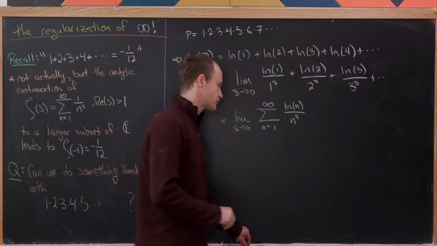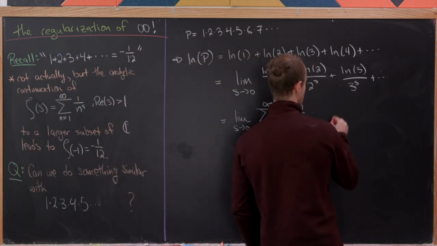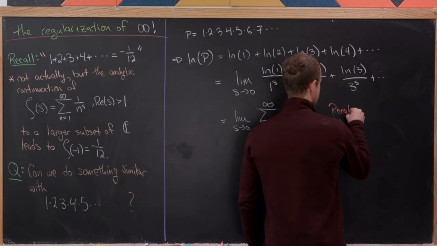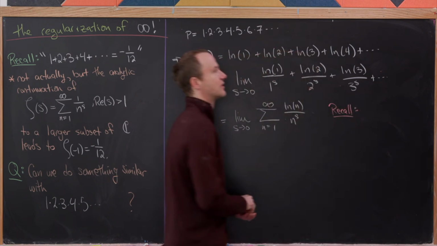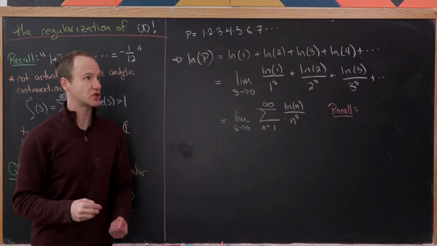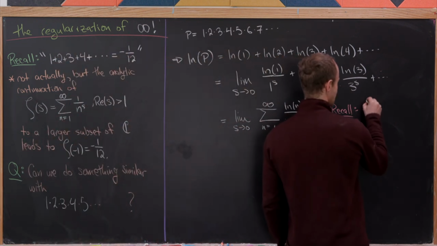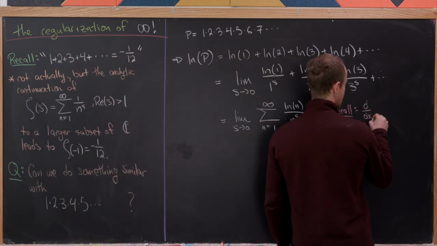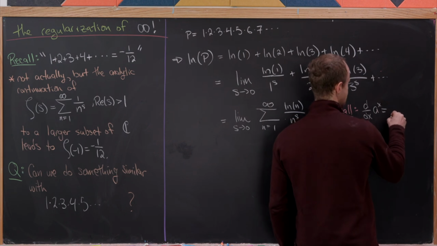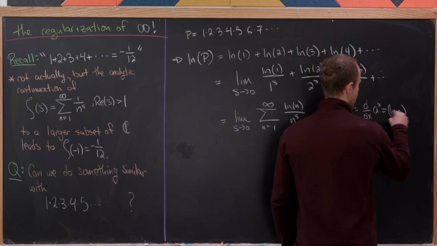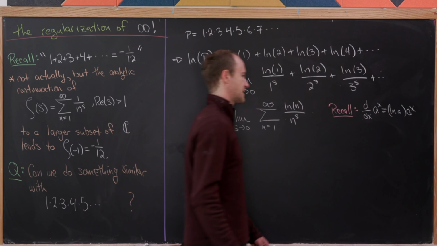But then let's recall something really quick, and that is the following rule for taking the derivative of an exponential function with a base which is not the natural base: the derivative with respect to x of a to the x is equal to the natural log of a times a to the x.